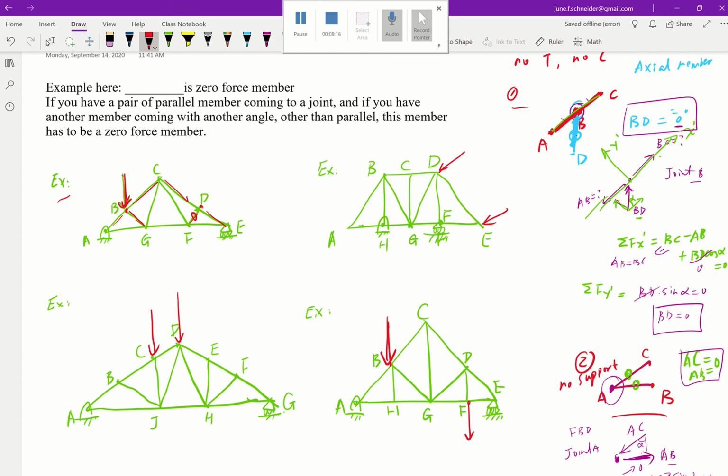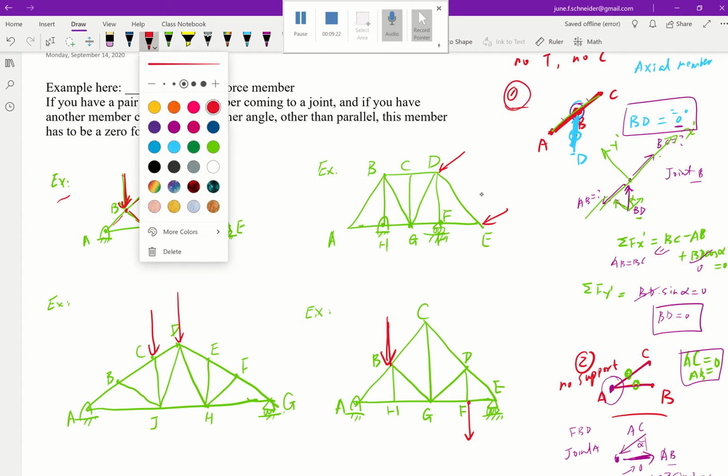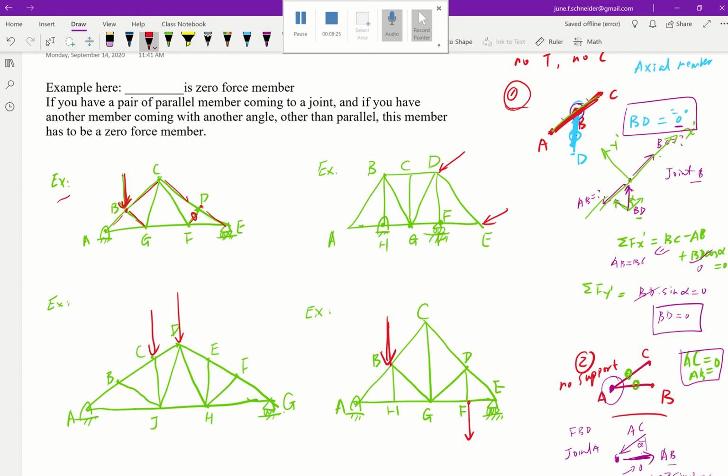If you have an external force, it's no longer the perfect example for rule 1. The perfect example for rule 1 is when you have two members connected at B and another member comes at an angle to this joint, with no other forces at point B. For example, if I draw something like this, with AB and BC joined at B, and a BD coming to this joint, but I have an external force here, then this time your BD is no longer a zero force member.